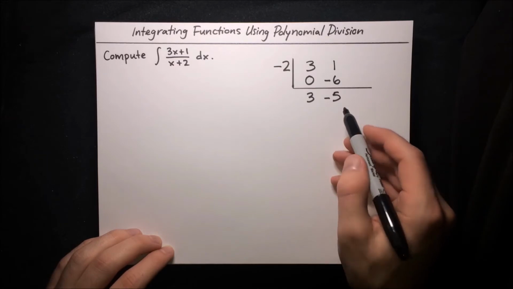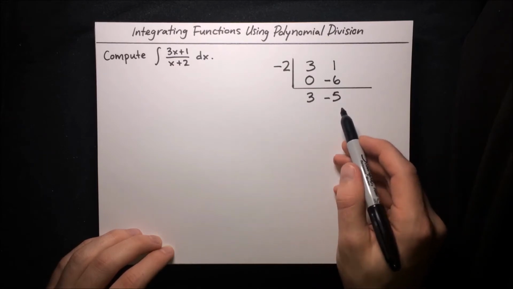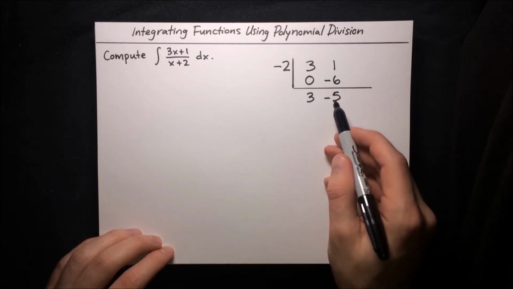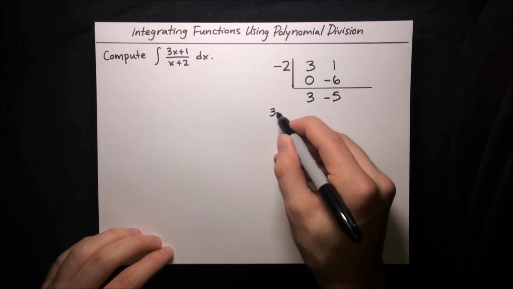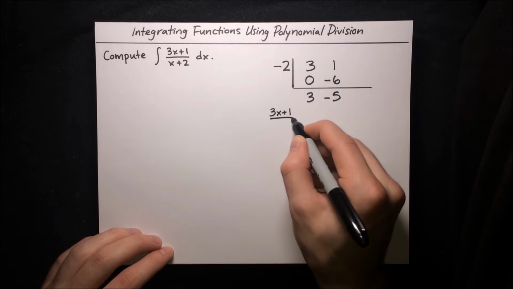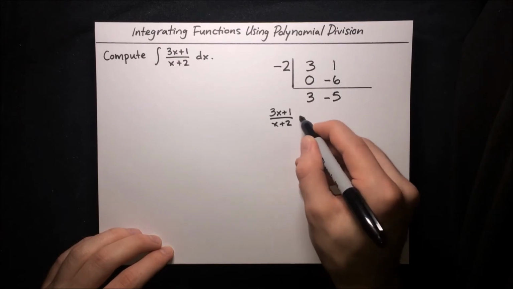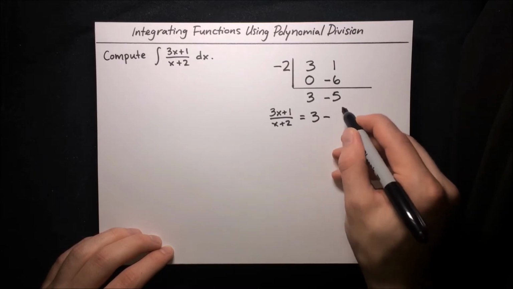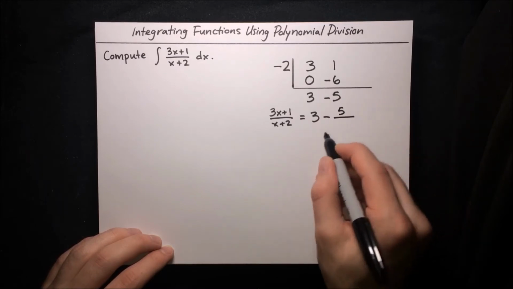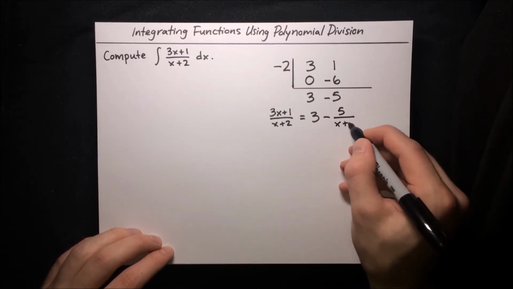This bottom row gives us the coefficients for the result, with the last entry in this row corresponding to the remainder. So this is really telling us that our rational function here, 3x plus 1 over x plus 2, is equal to 3 with a remainder of negative 5 over the original linear factor x plus 2.